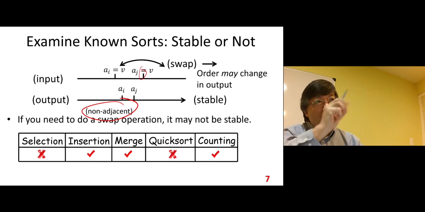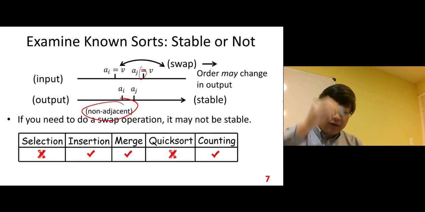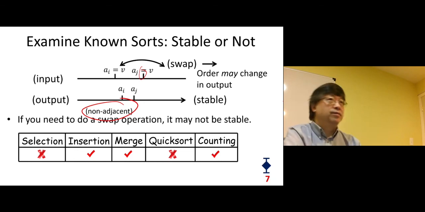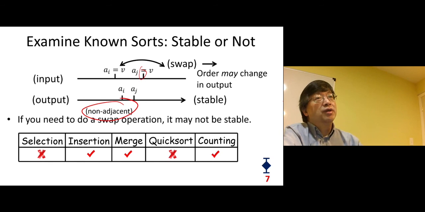We need a stable one, so we can comfortably pick counting sort. That is part of B.2. Next, we will see an example where we apply the radix sort.